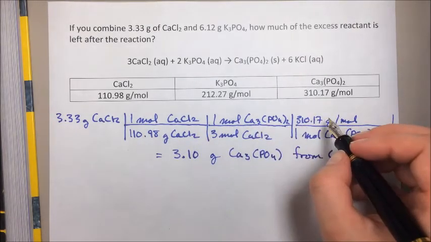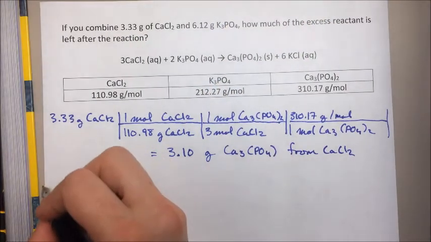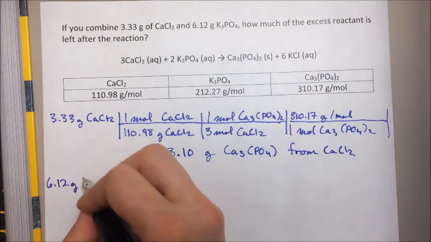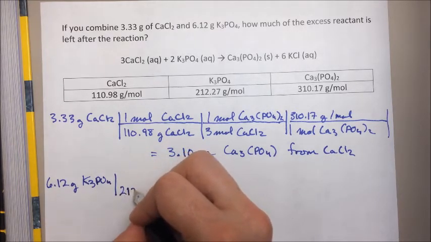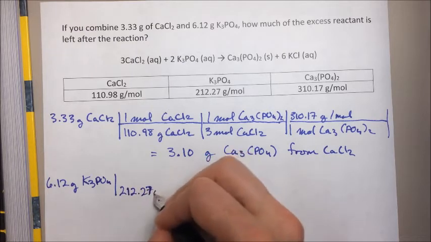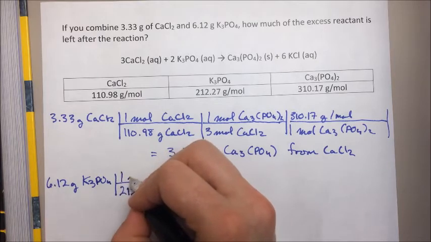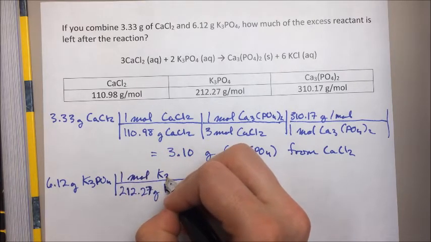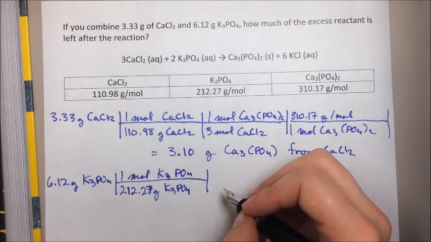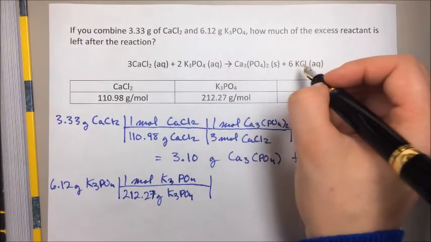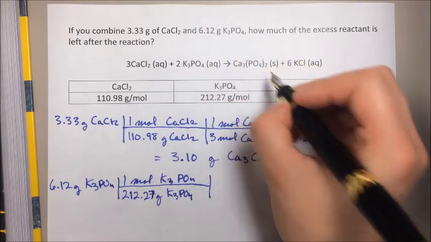We're going to do the same calculation, but we're going to start from the potassium phosphate. So we've got our 212.27 grams of potassium phosphate becomes 1 mole of potassium phosphate. And again, we get our mole-to-mole ratio by going back to the chemical equation. So 2 potassium phosphate to 1 calcium phosphate.